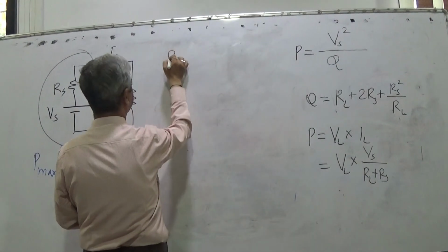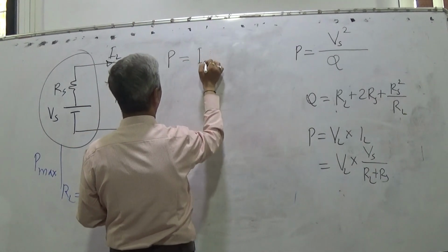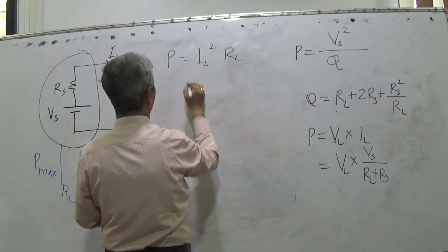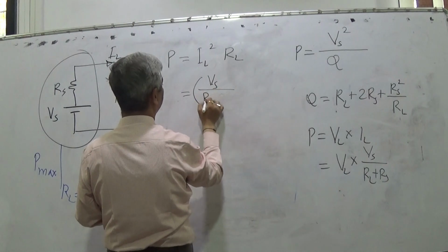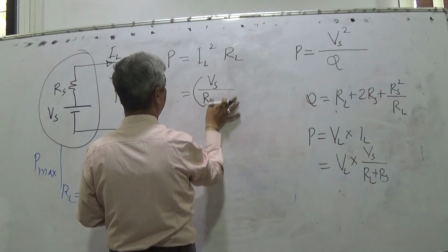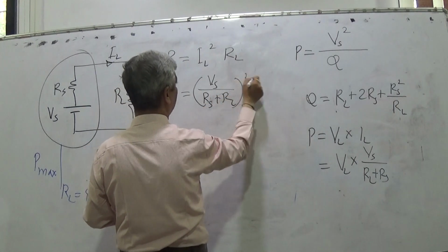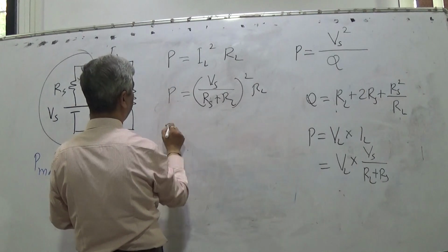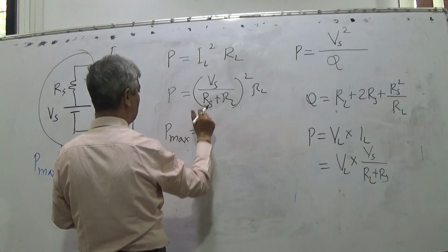Or you can express P as what we have used, P is equal to IL square RL. What is IL? IL is Vs upon RS plus RL, squared, into RL, and P max occurs when RL is equal to RS.